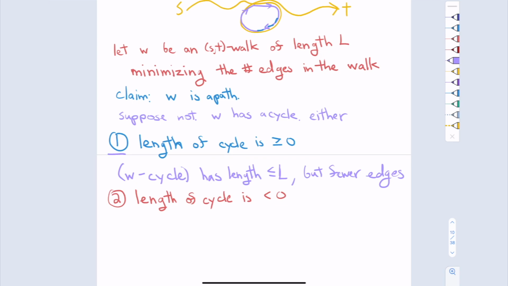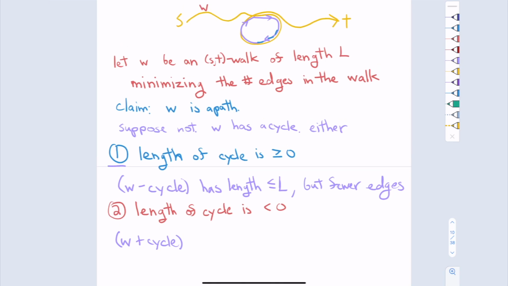Now, suppose in the remaining case, the length of the cycle is less than 0. Here again, I asked the audience, and a student explained that now if I repeat the cycle, I'll write W plus cycle, so to speak. But let me draw a picture. Starting up here, I go around the cycle. Right now it's just like before, but suppose I go around the cycle again.